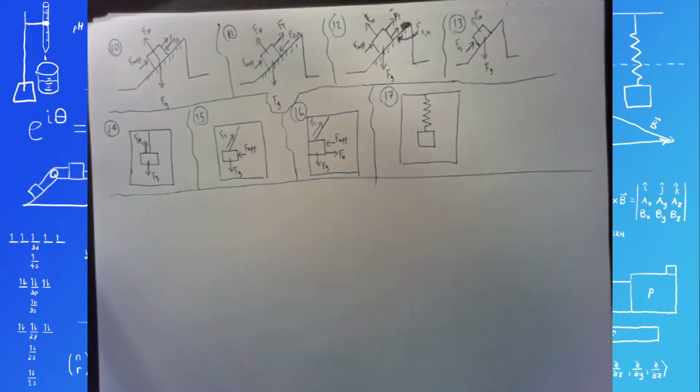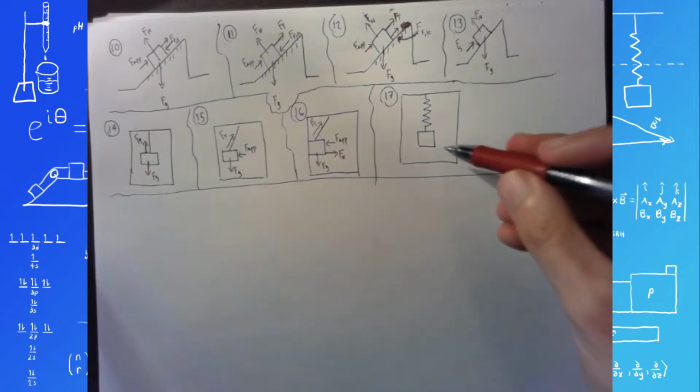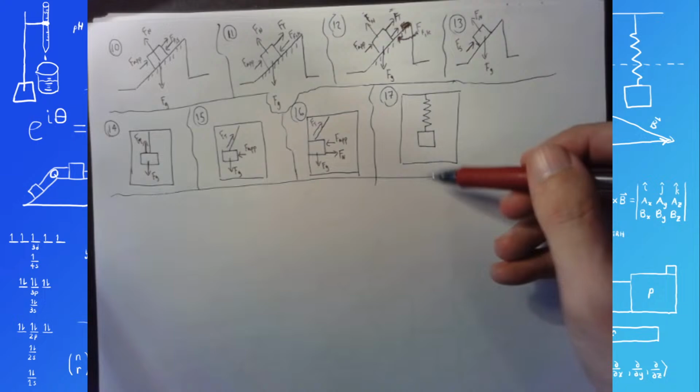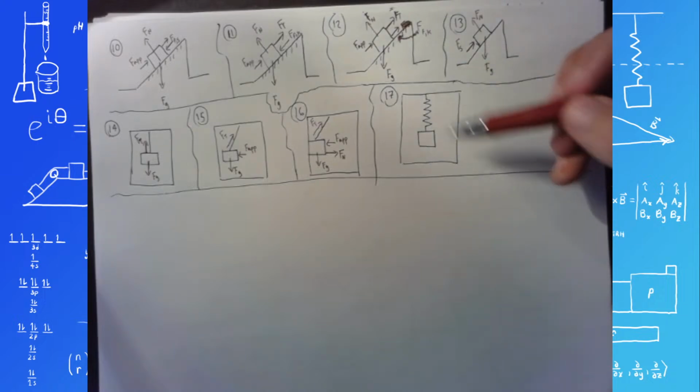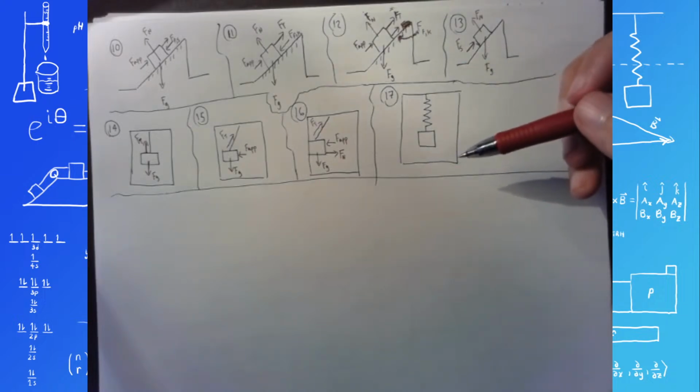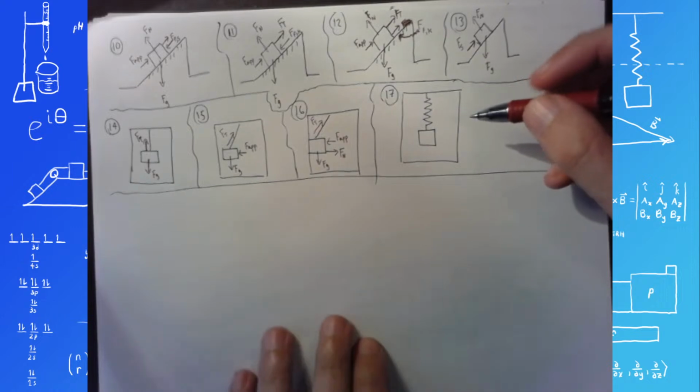The block gets connected to a spring. Common sense would suggest that the spring would stretch in this scenario. So it got stretched downward. You could imagine if you remove the block, the spring would just pull back up to whatever its original length was.